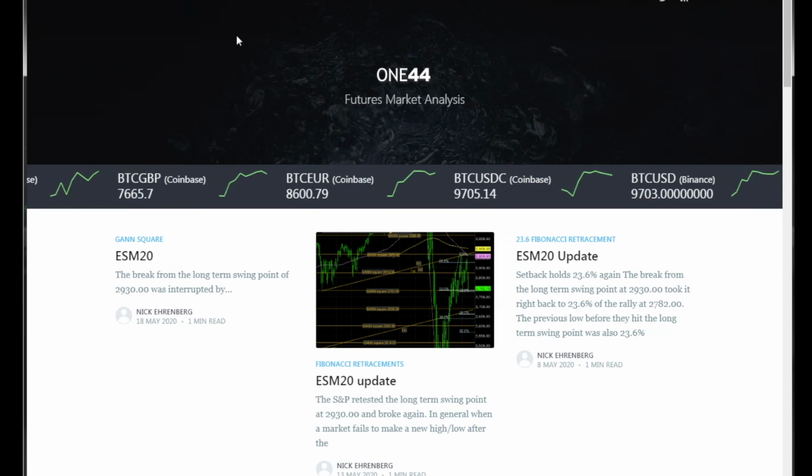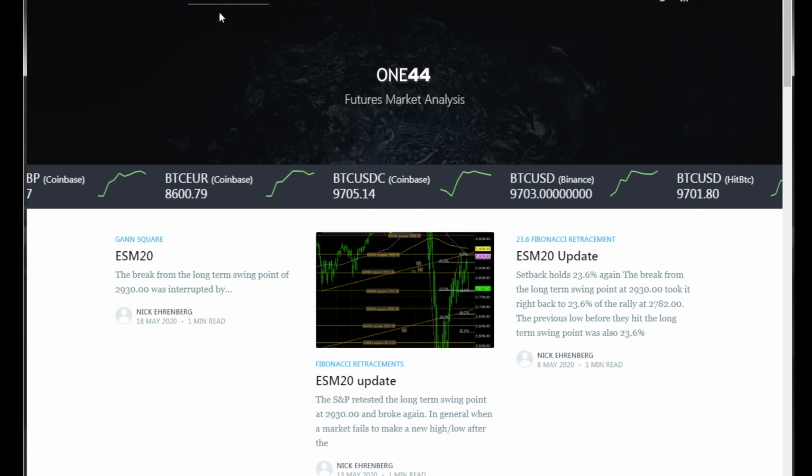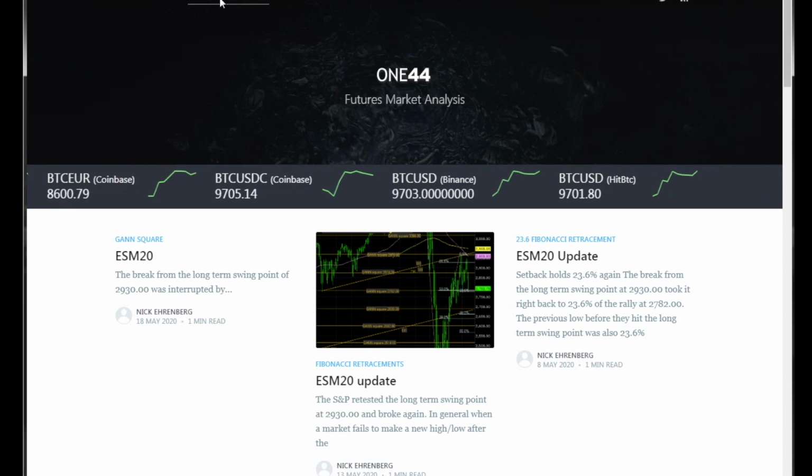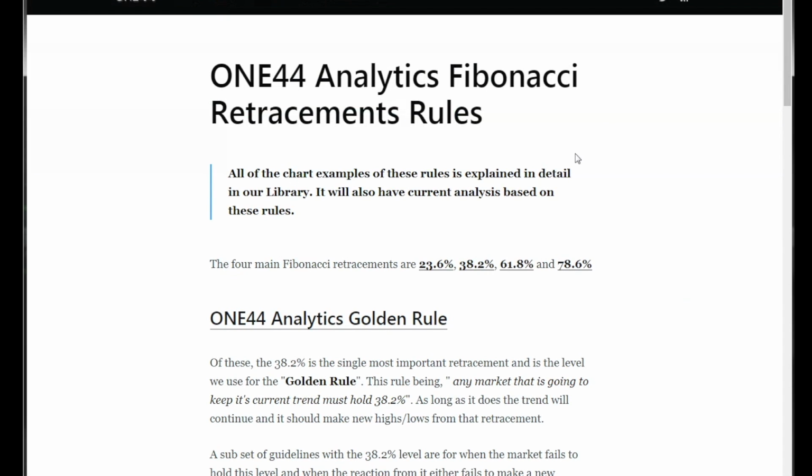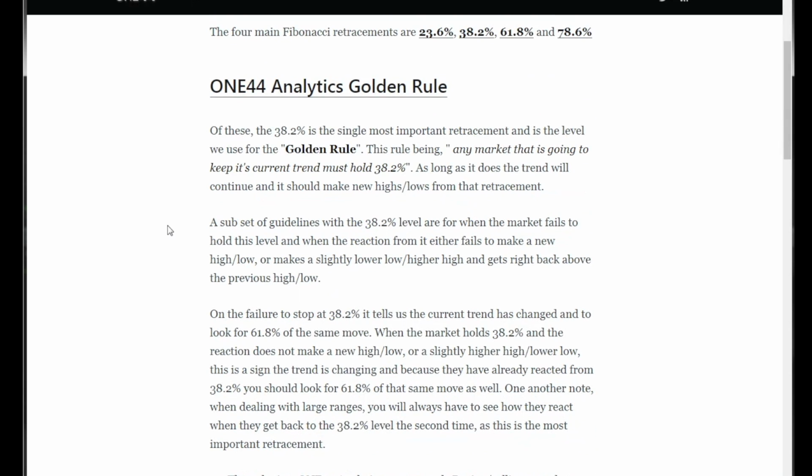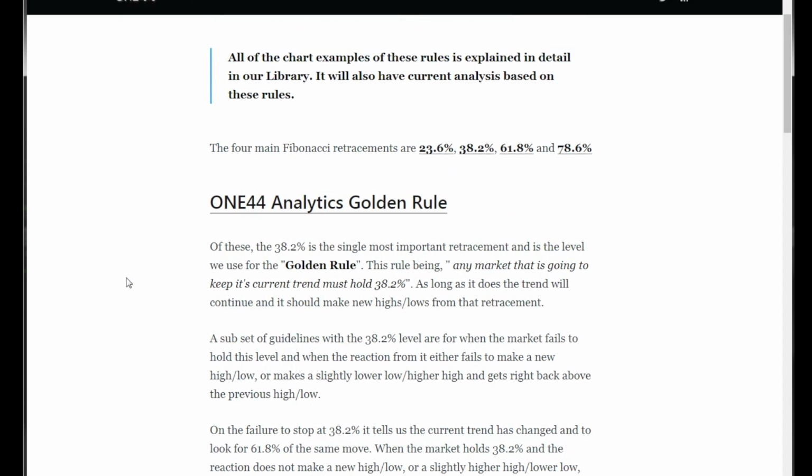But here's where the learning does continue, and that's under Fibonacci Guidelines. So if we click in here, again, the rules come up, and you get the extended rules. And what is really nice is that you can go under here and look for the charts and examples.